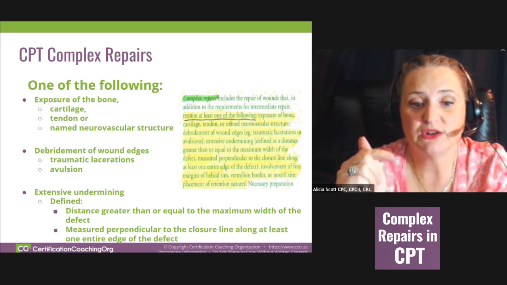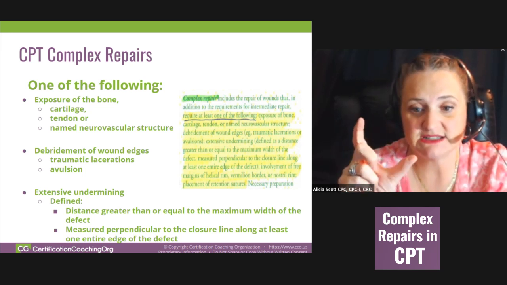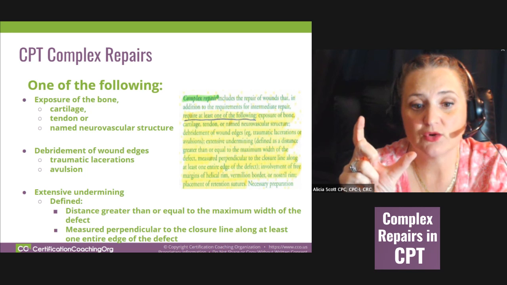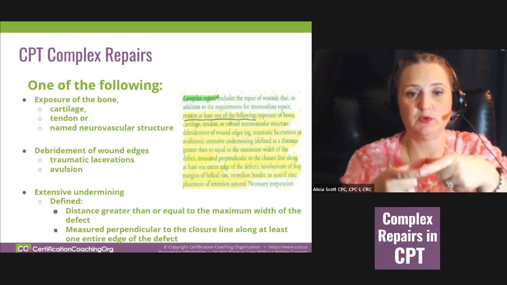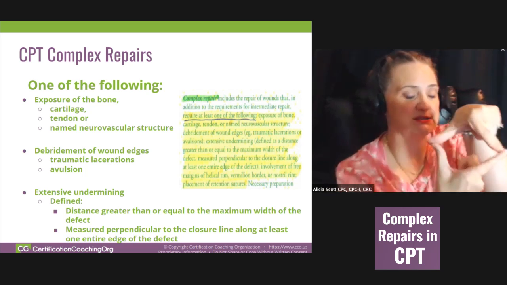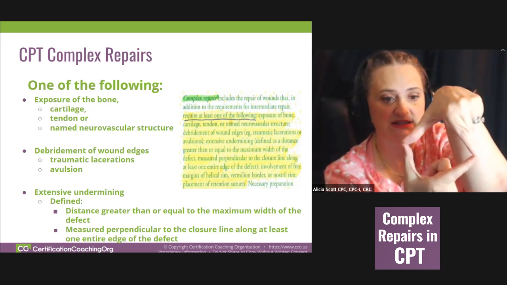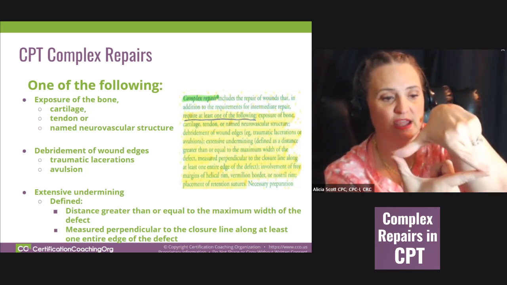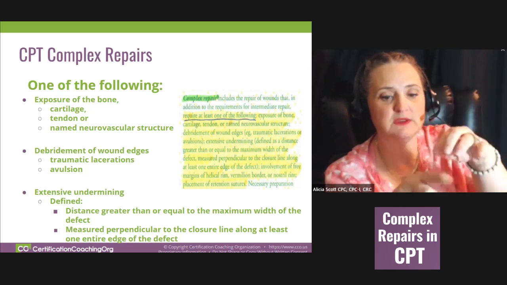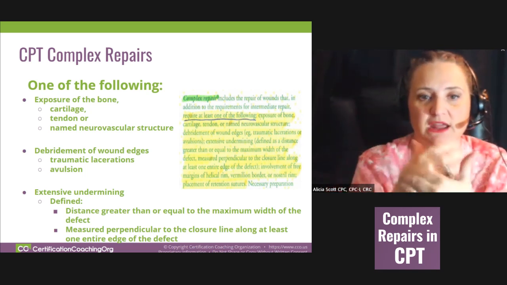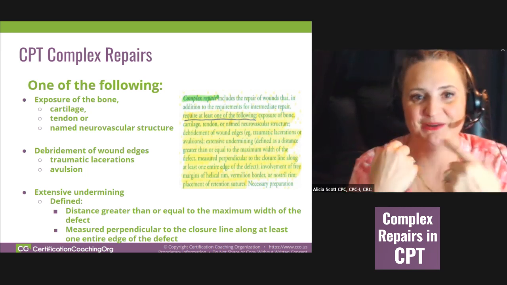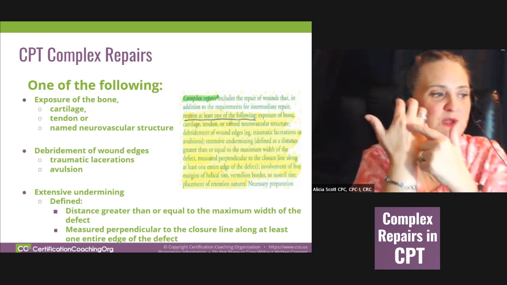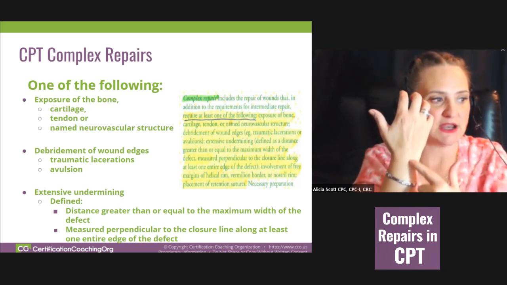Now, when we look at something and the distance is greater or the same as the width of the defect. So let's just say, for example, we have a wound that's this size. Now let's make it like this size. Now let's do it on my hand. So let's say we have a laceration on my hand right here.